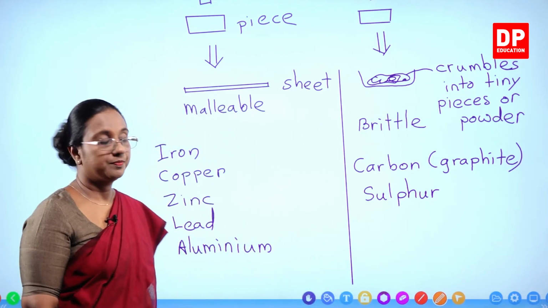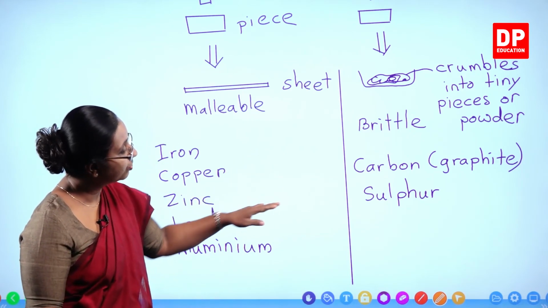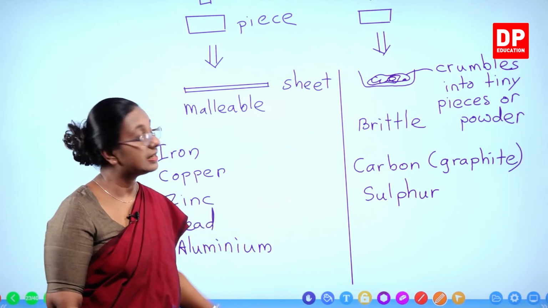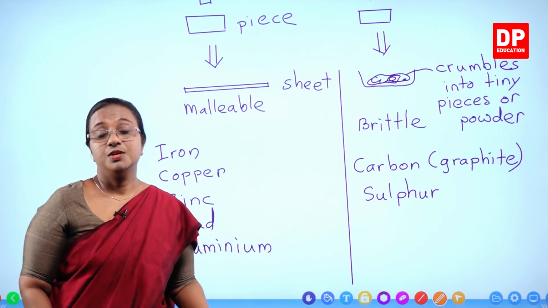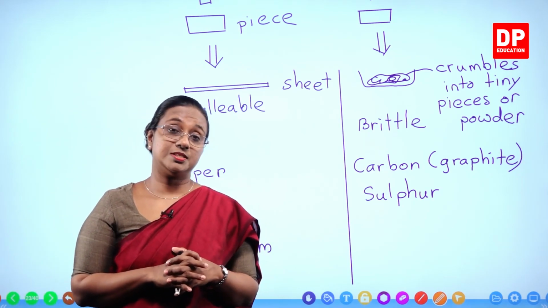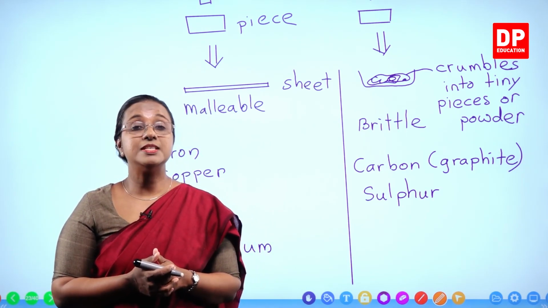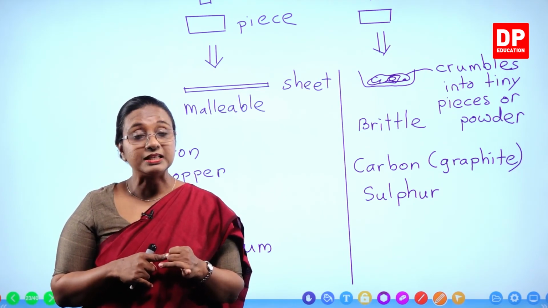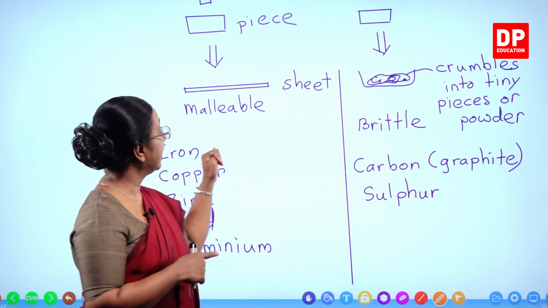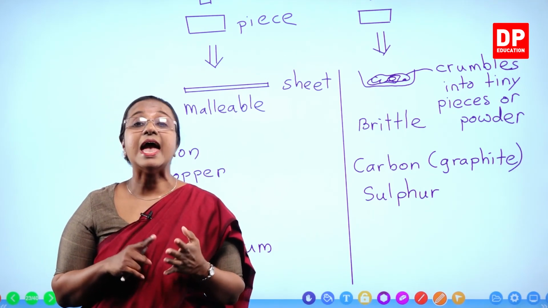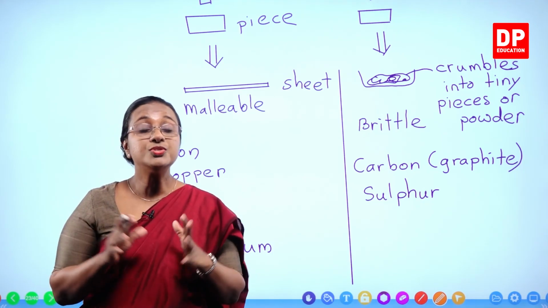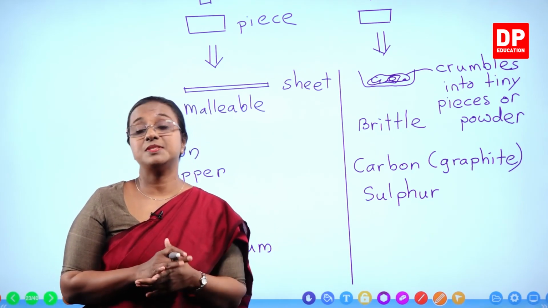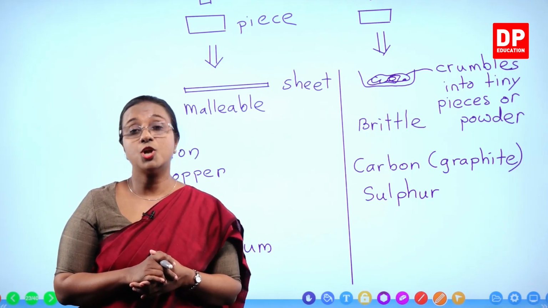Those are brittle. So these are all malleable and those two are brittle. Usually metals are malleable, non-metals are brittle. So those are the properties, students. We have discussed so many different physical properties: luster, sonorous sound, thermal conductivity, electric conductivity, and finally malleability and brittleness. So using all these physical properties, we will be able to classify substances as metals and non-metals.